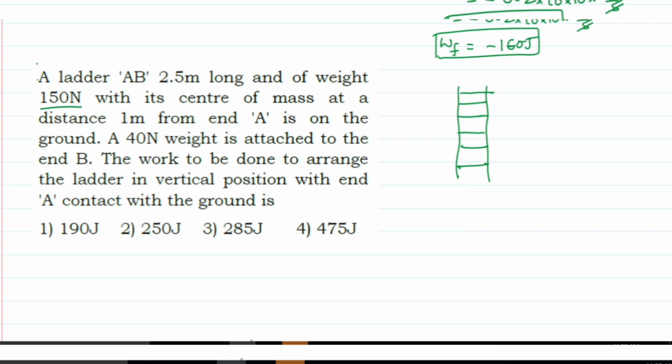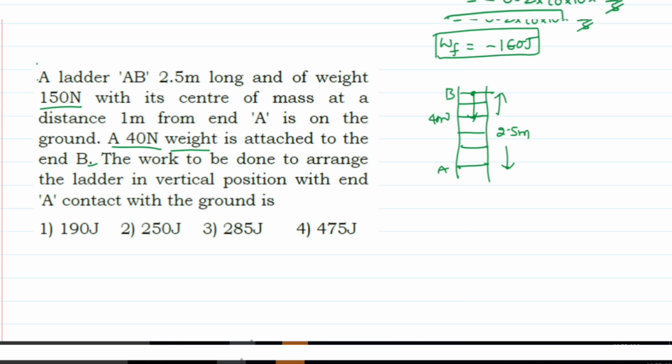This total weight is given as 150 Newton and this length is given as 2.5 meter. A 40 Newton weight is attached to the end B. Here you are going to be adding one 40 Newton force.